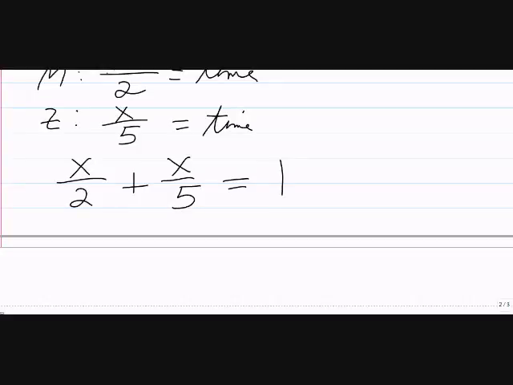Dividing by a smaller number, aren't you going to have to take more time? We're doing this job one time. Well, the reason that I divide is because that X is actually going to be a fraction of a job.